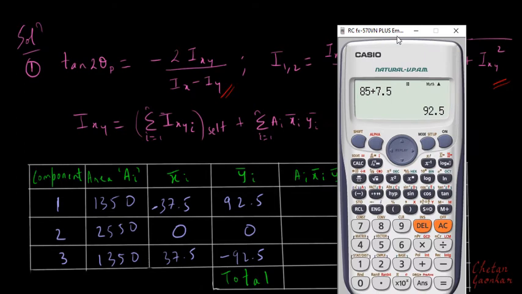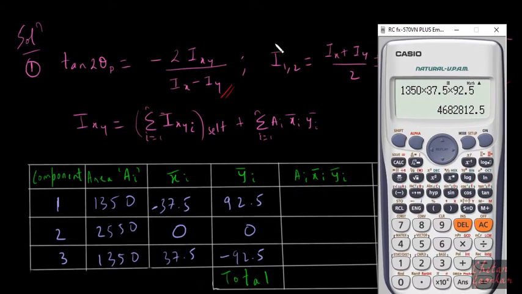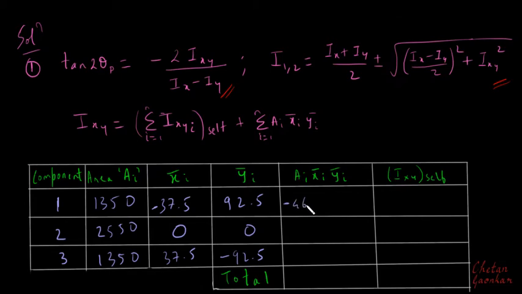If we do that, it will be 1350 multiplied by minus 37.5, and again multiplied by 92.5, which gives minus 4682812.5.